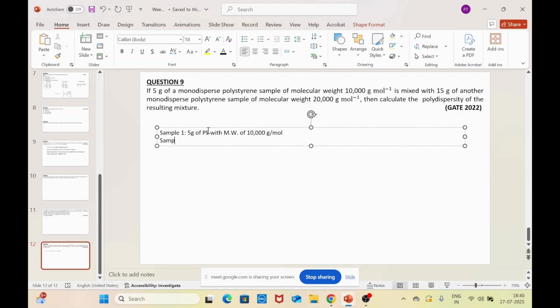And I have another sample 2, which is 15 grams of PS with a molecular weight of 20,000 gram per mole. Or let's keep this as sample P and sample Q. That would be much better.